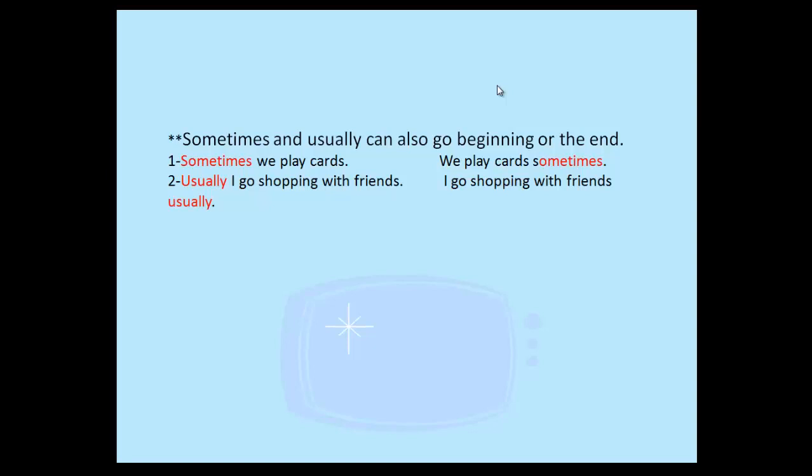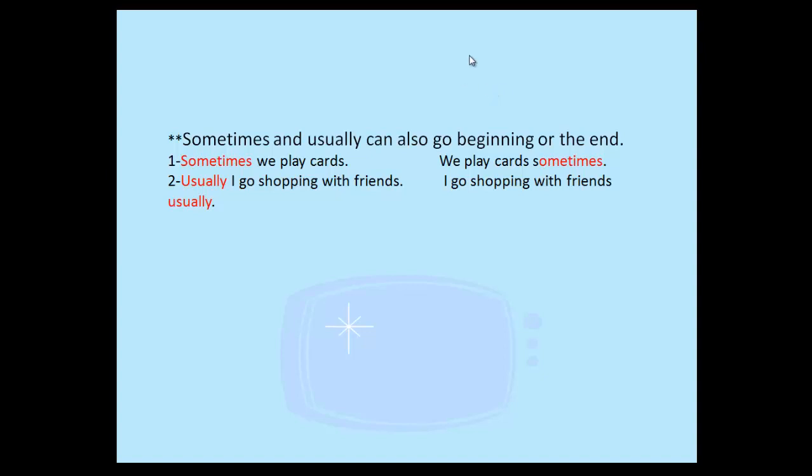Now, sometimes and usually can also go at the beginning or at the end of the sentence. But here we are talking about just sometimes and usually. We don't talk about all the frequency adverbs.